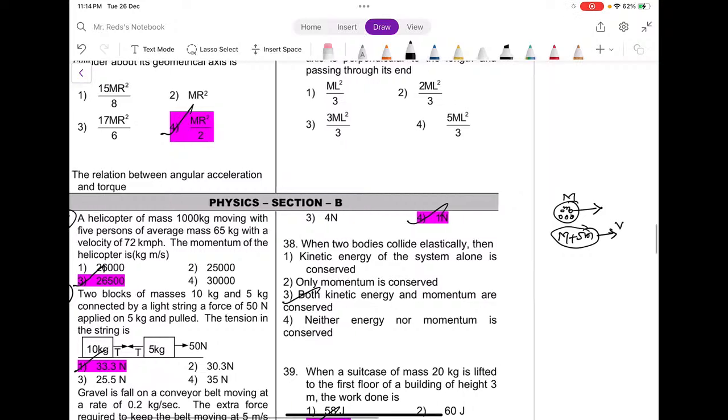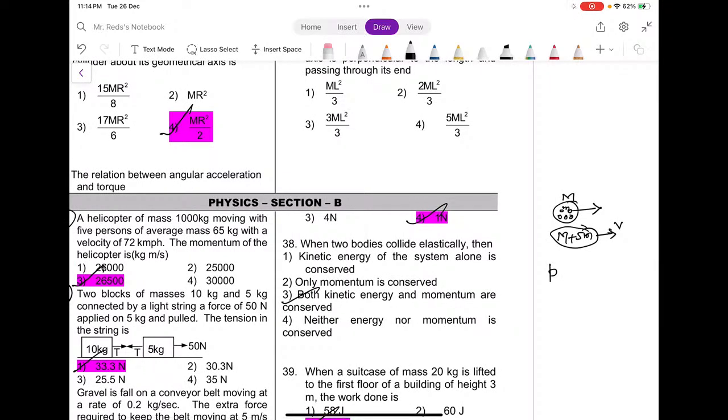Then the momentum P is equal to mass into velocity. So the mass is M plus 5m, in this case 1000, the mass of the helicopter, plus 5 into 65. 5 into 65 is how much? 5 fives are 25, and 5 sixes are 30, so 32, 325. So 325.